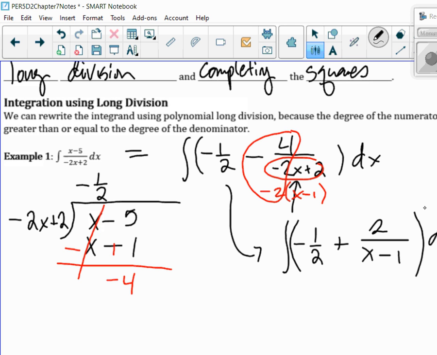Okay, so what is the antiderivative of negative a half with respect to x? Negative 1/2 x. What's the antiderivative of 2 over x minus 1?